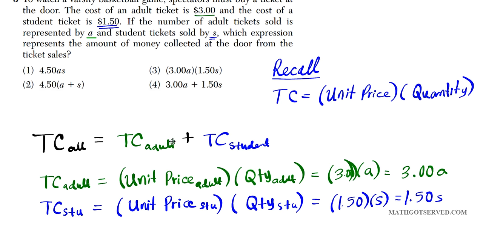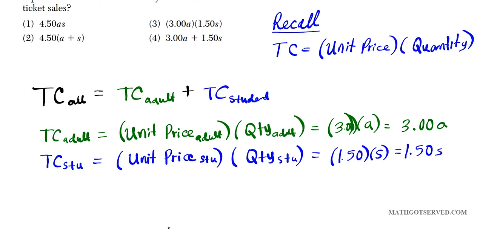So total cost of both adult and student tickets is going to be total cost for adult tickets 3.00A plus the total cost of student tickets 1.50S. Okay, and we can clearly see here that our answer is option number 4.